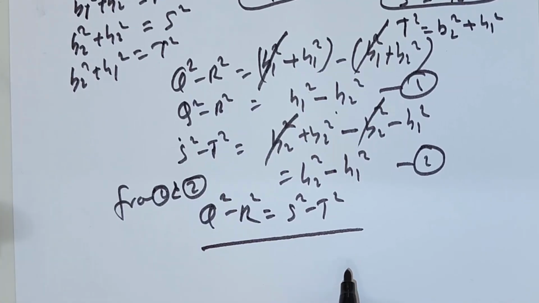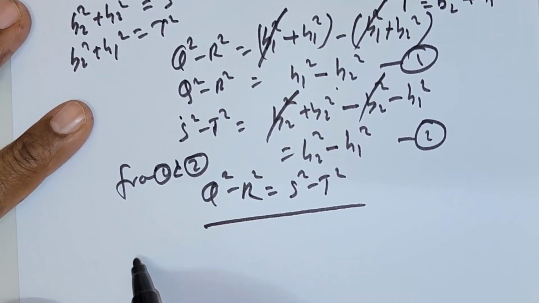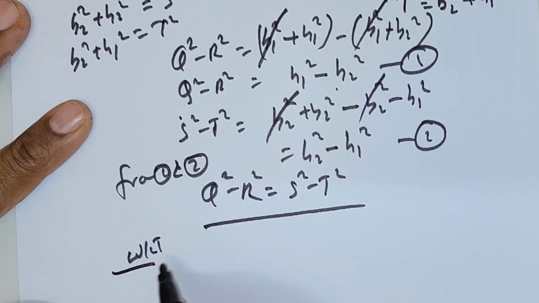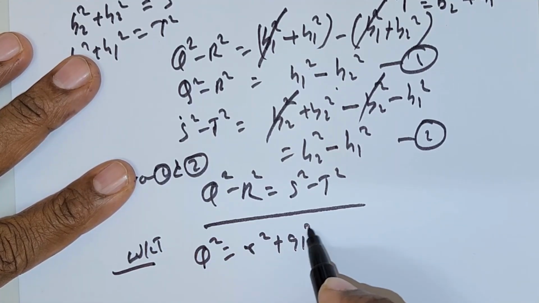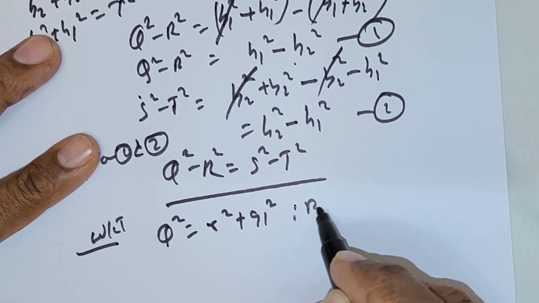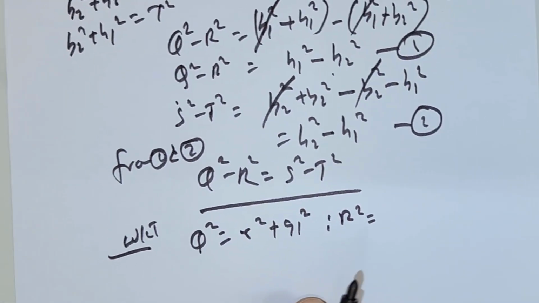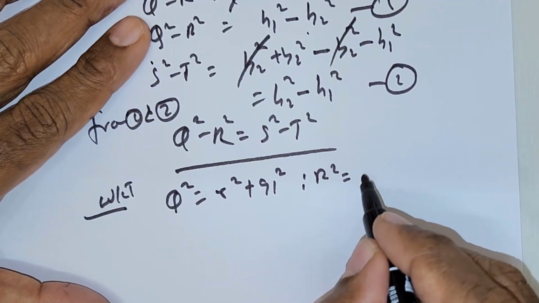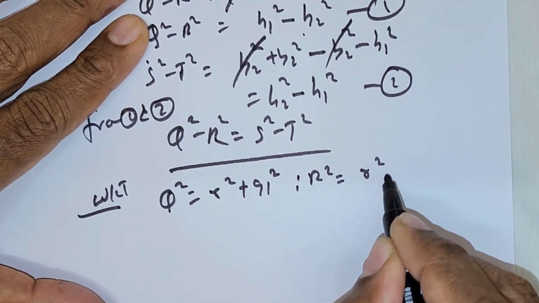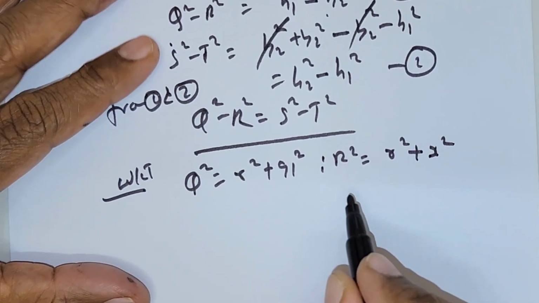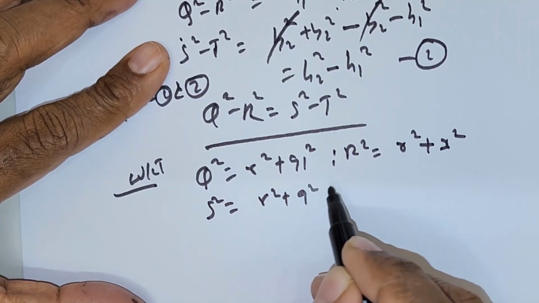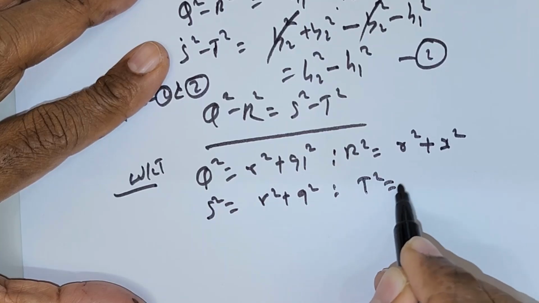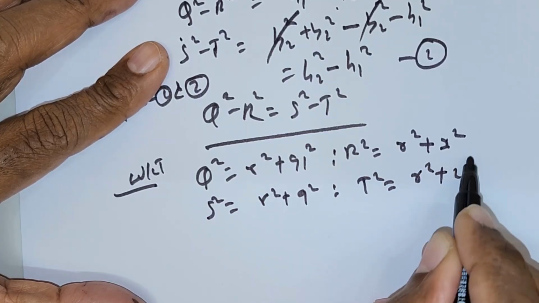Okay, fair enough. But we know that q squared is equal to r squared plus 91 squared. We have already got this in the previous case, right? r squared is equal to r squared plus x squared, and s squared is equal to r squared plus 9 squared, and t squared is r squared plus 21 squared.